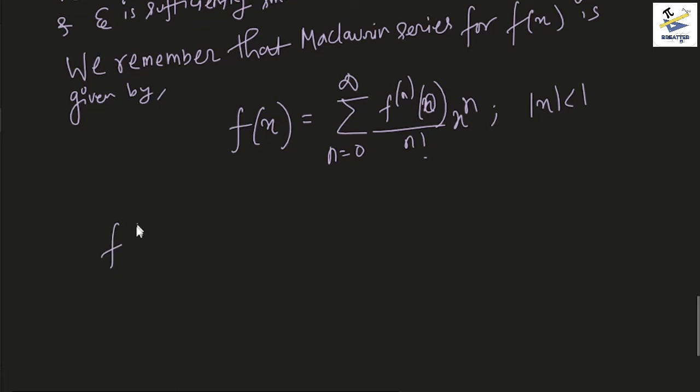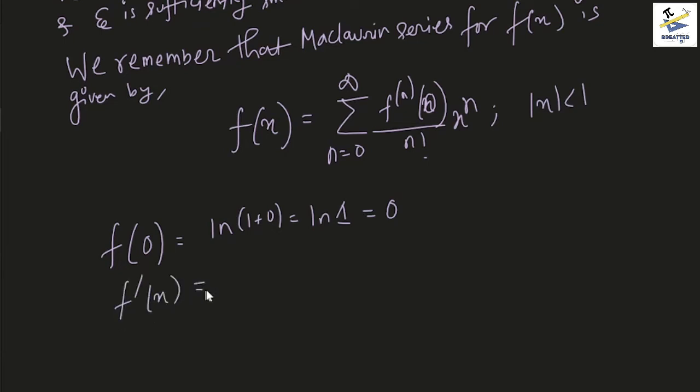Firstly, f of 0 should be ln of 1 plus 0, which is ln of 1, which is 0. So the first term, the 0th term, is 0. Okay, f dashed x in fact would be 1 by 1 plus x, and this would mean f dashed 0 should be 1, right?